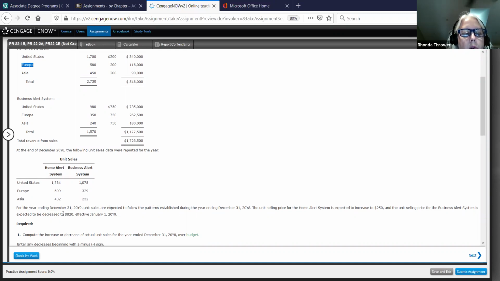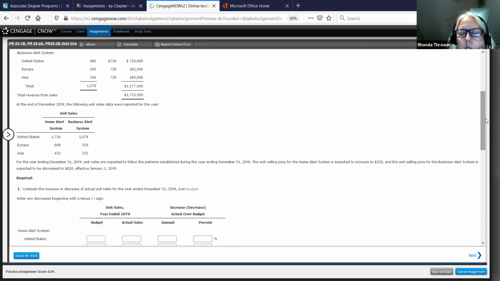And they also told us for the year ending December 2009, the unit sales are expected to follow patterns established during the year ended December 31st, 2008. The unit selling price for the home alert system is expected to increase to $250, and the unit sales price for the business alert system is expected to decrease to $820. But that'll be for the year 2009, and we're not quite there yet. That's just some additional information that they gave you.